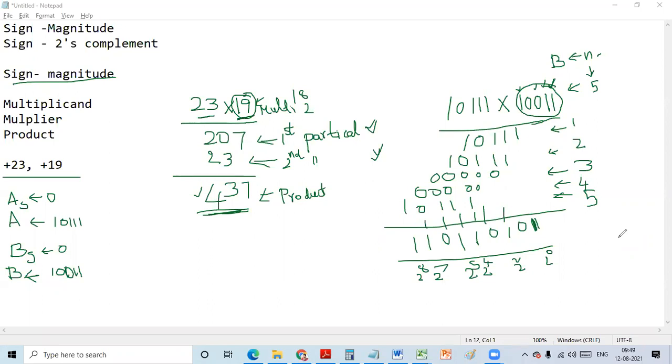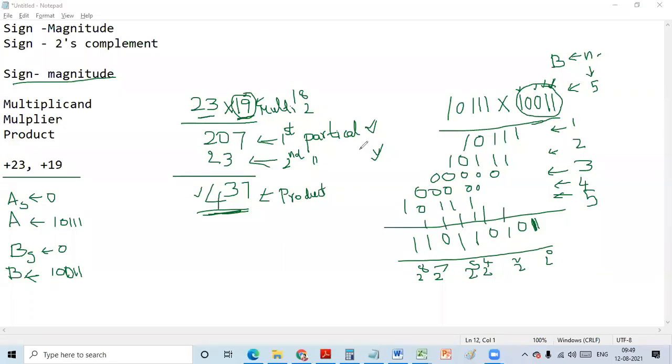The numbers that we are copying down successively are shifted 1 bit position to the left from the previous number. Am I clear? Finally, all these partial products are added and their sum forms the total product.